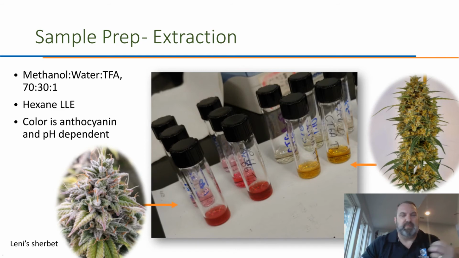So we're pulling the fats off into the hexane and leaving behind these water-soluble anthocyanins. And then you can see here these extracts, and just get a little initial first appreciation for at least here Lenny, sherbet, and cattail grape, the different color that you can get from that extract. So we know that there's anthocyanins in there. We just have to go find them.